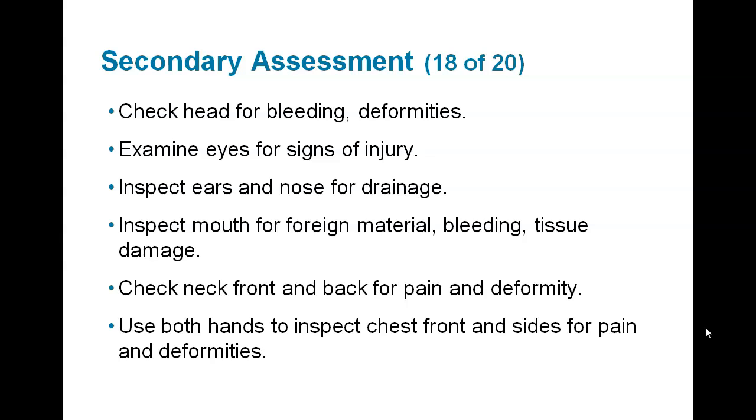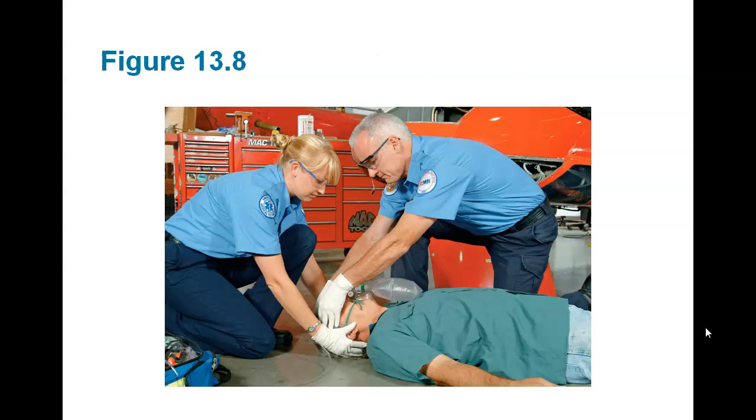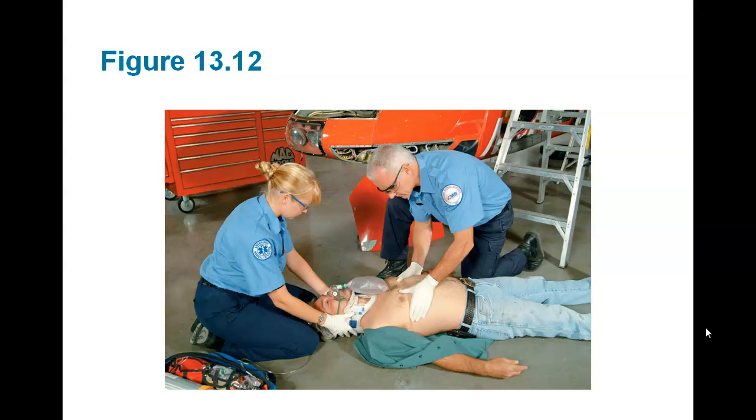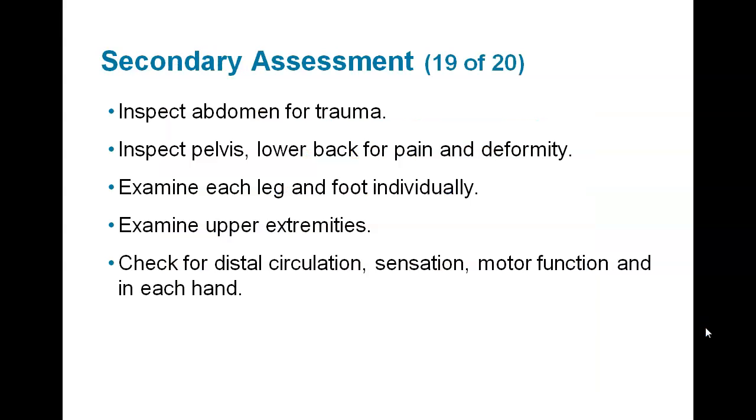So any portion that floats in the opposite direction is obviously not normal. Okay, we're going to go through these because we already went through those. So this is how you would assess the chest.